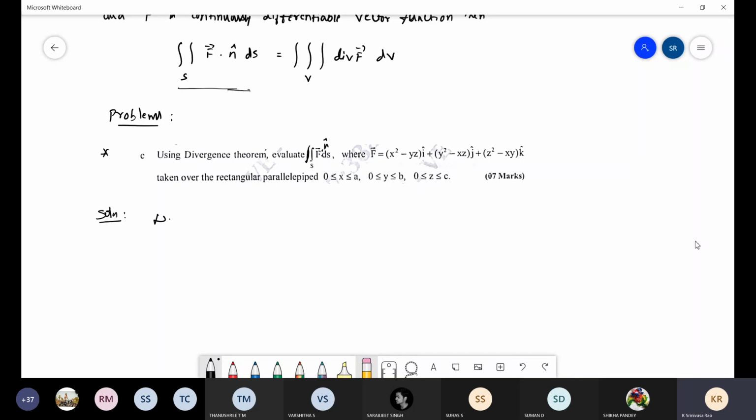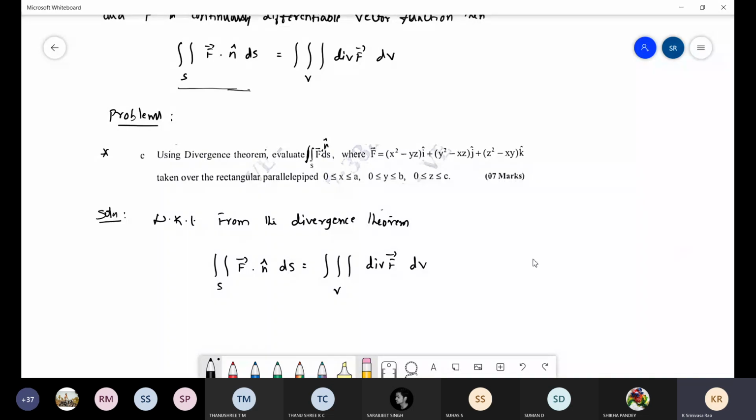We know that from the divergence theorem. Actually it is Gauss divergence, or in short form, the standard way we call it the divergence theorem. Write down the formula: the double integral or surface integral of F dot n cap dS is equal to the volume integral, triple integral, of div F dV.